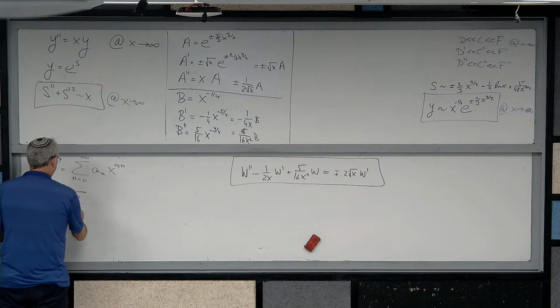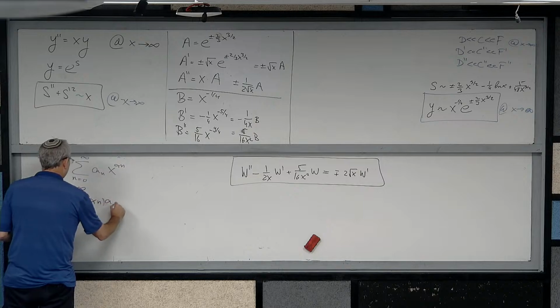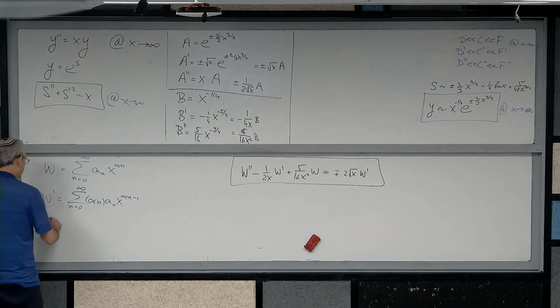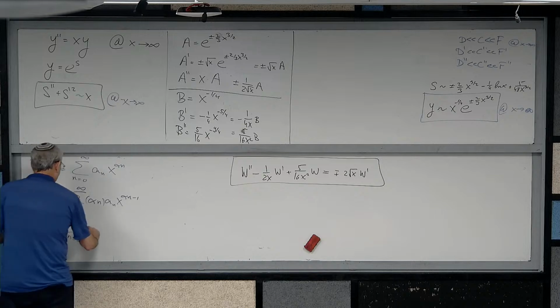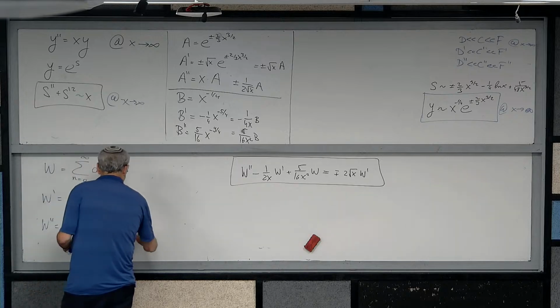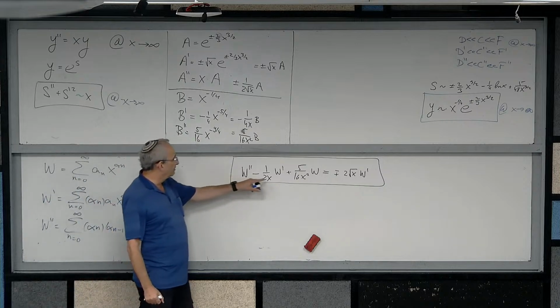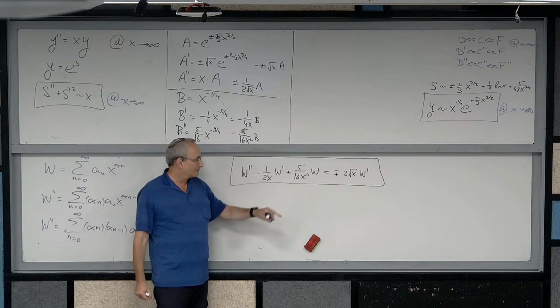W prime will be the sum from n equals 0 to infinity of alpha_n times a_n times x to the alpha_n minus 1. And W double prime will be the sum from n equals 0 to infinity of alpha_n times alpha_n minus 1 times a_n times x to the alpha_n minus 2. Now, the nice thing here is that all these three terms are proportional to x to the alpha_n minus 2. You see why?